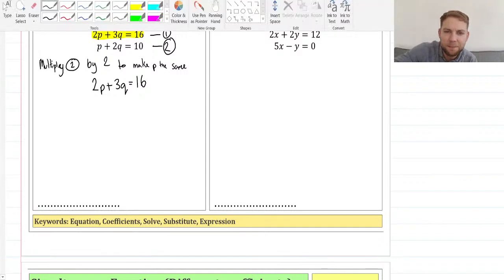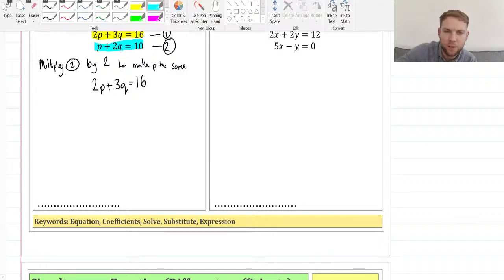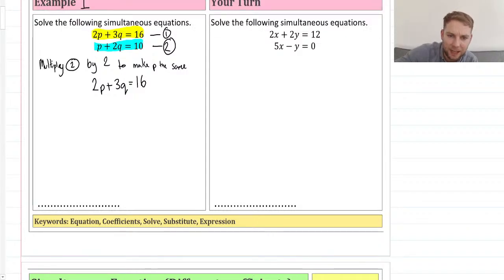And then I'm timesing this bottom one all by 2. So P times by 2 is 2p. That's the point. Now they're the same. The 2q times by 2 is 4q. And the 10 times by 2 is 20. So I'm timesing this one here by 2.